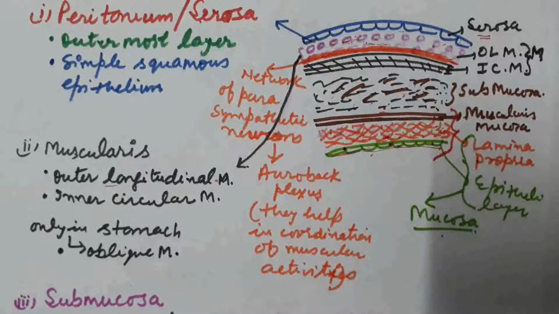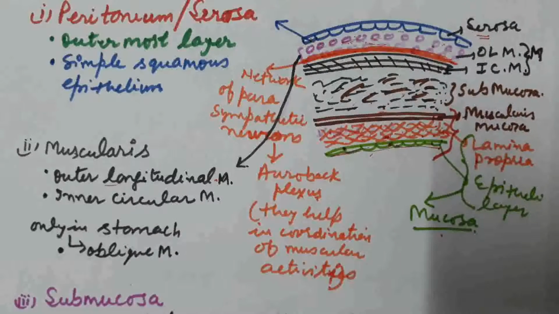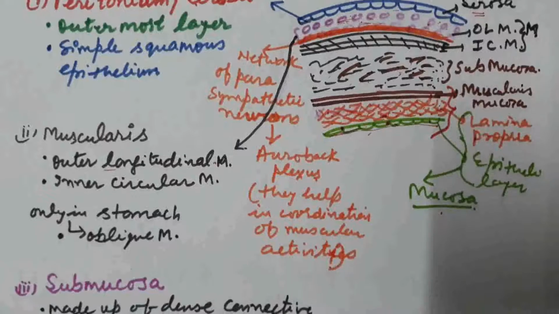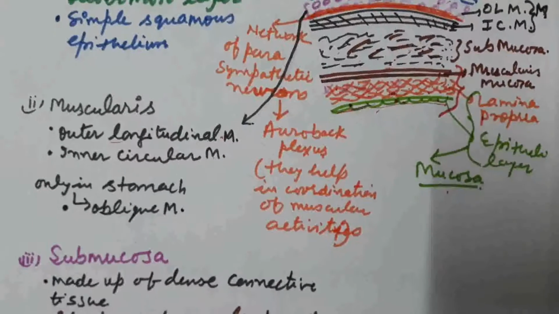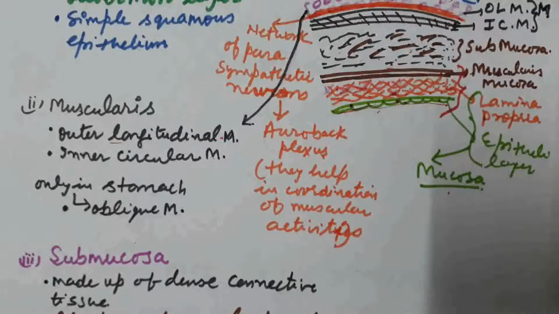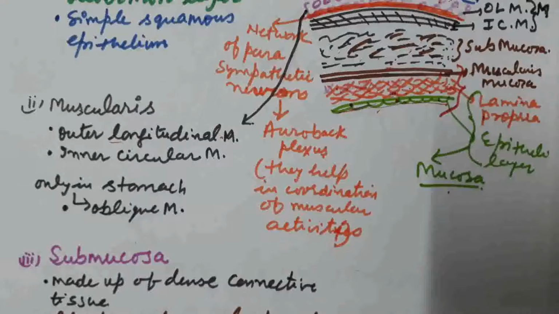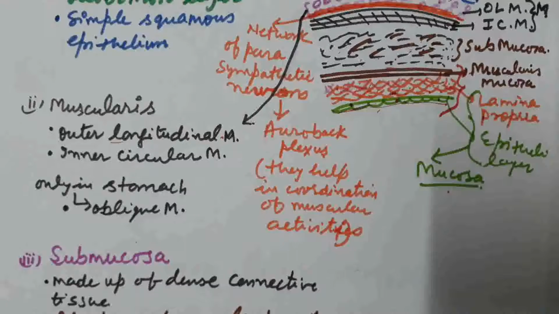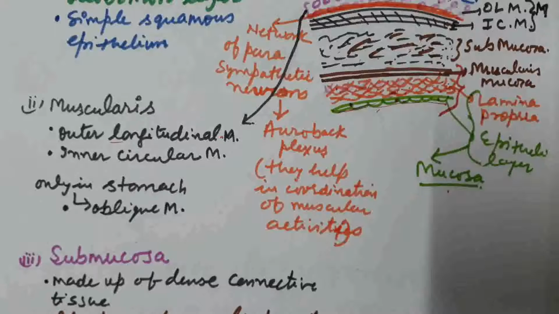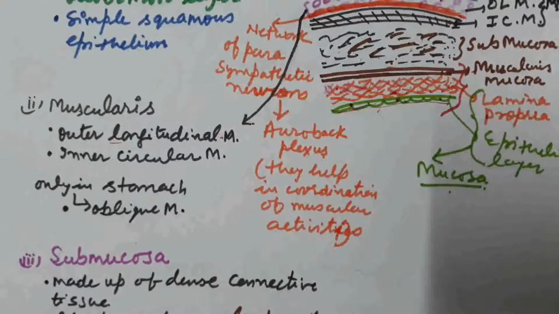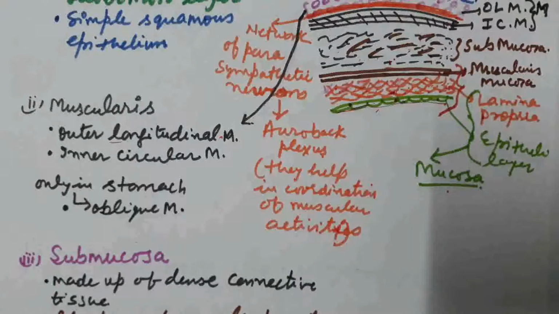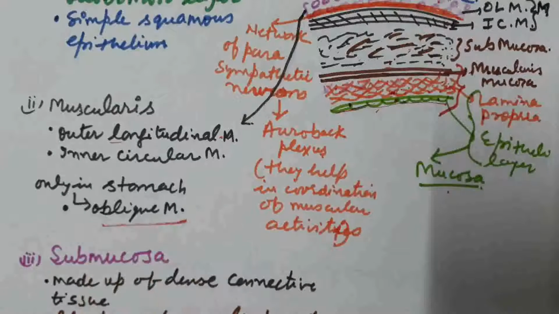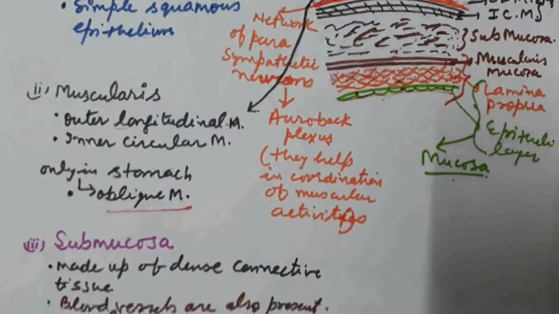The outermost is serosa, made up of squamous epithelial tissue. The second layer is muscularis, which consists of muscle layers. It is made up of 2 types of muscles. The outer one is longitudinal muscularis, the inner one is circular muscularis, and in the stomach there is a third layer also present below the circular muscles, known as the oblique muscle. Third layer is submucosa.